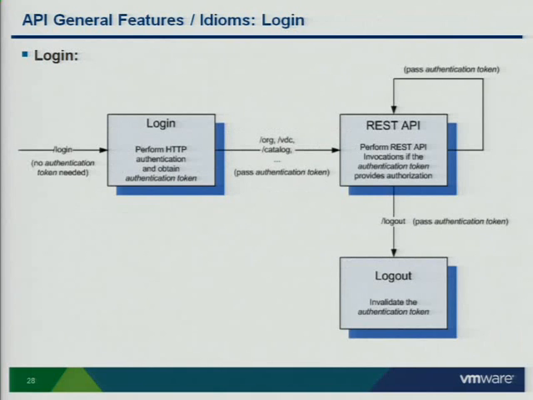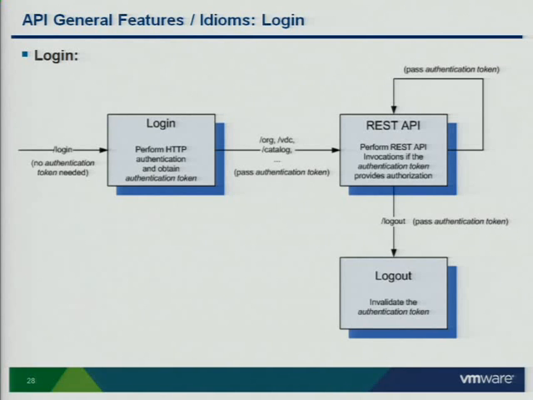Then the API has a login mechanism. The user that is using the API first needs to log in. When the user logs in, they obtain an authentication token. And for all further requests, this authentication token will be used.